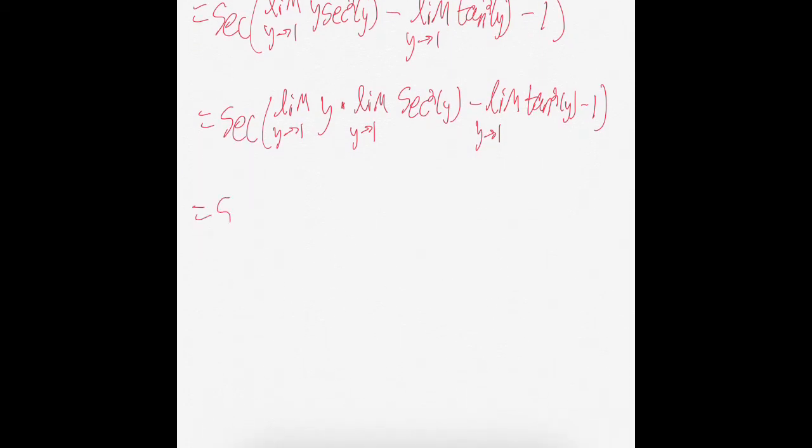And now, in some sense, it looks like I'm making things a lot more complicated, but actually, we're going to see that now it's pretty straightforward. This first part, the limit as y approaches 1 of y, that's just 1. Now the second limit, y approaches 1 of secant squared y, so that's just secant squared of 1.